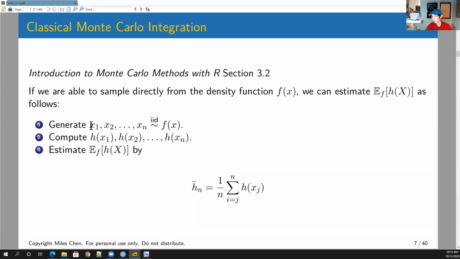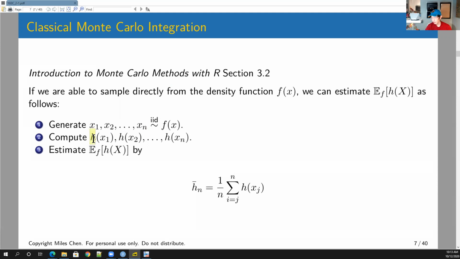This is the Monte Carlo part. We generate them independently and identically distributed from f of x. In R, that's made simple for a lot of common distributions using the R family of functions. So rbeta, rbinom, rnorm, any of those functions would work.